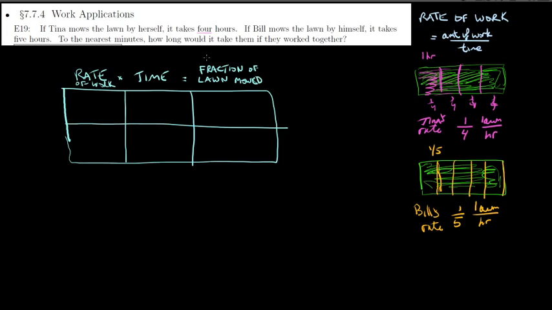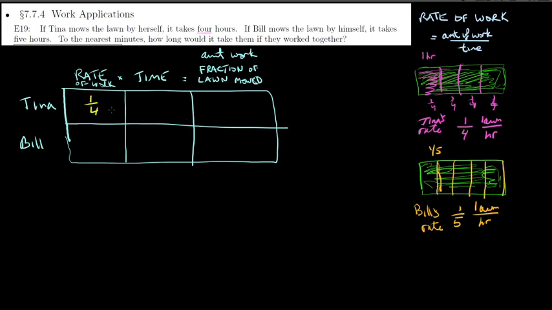Okay, so it's basically the amount of work, how much work gets done as a fraction of the total lawn. Makes sense? Okay, so we only have two people working, right? We have Tina and Bill. So we already know Tina's rate of work, right? That's the 1/4. So we calculated that earlier.